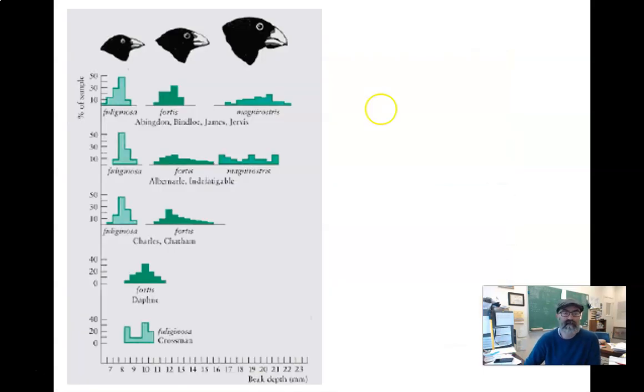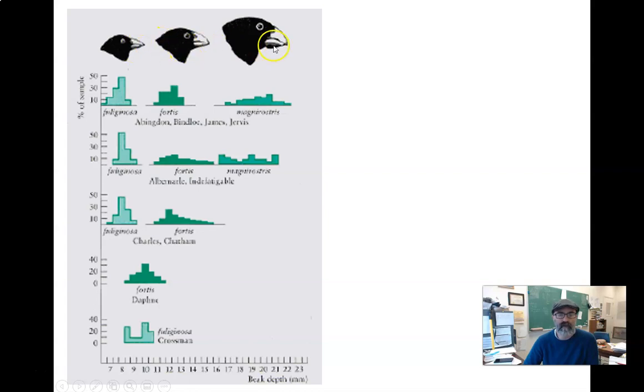Okay, so here's a real world example. These organisms are Galapagos finches, and these are something that Darwin really was inspired by, looking at this community of finches and the patterns that he saw on these different islands.